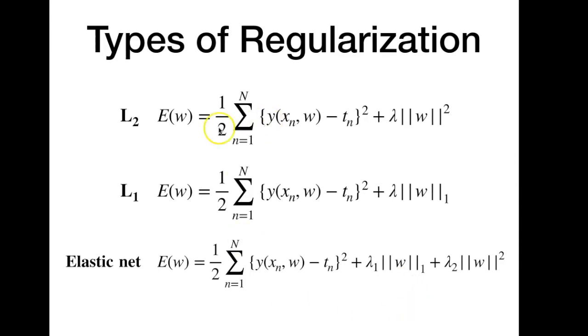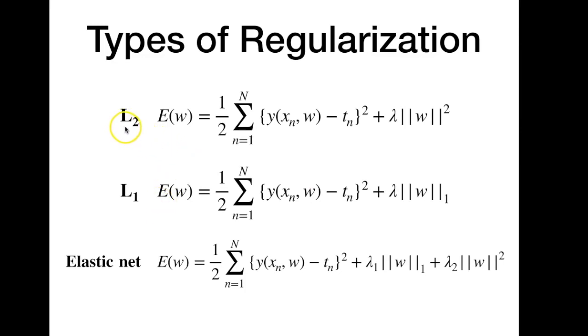We have already discussed the L2 penalty, which is the sum of the squares of the individual coefficient values. And then there is the L1 penalty, also known as the L1 norm, which is the absolute values of the weight coefficients summed together. So instead of squaring and adding the coefficients, you take the absolute values of the weights or coefficients and you add them together to form the L1 penalty.